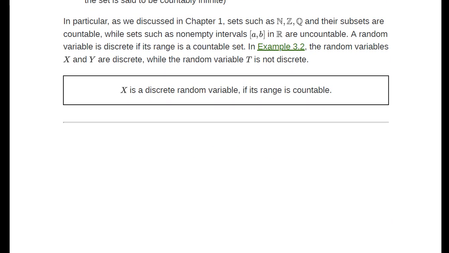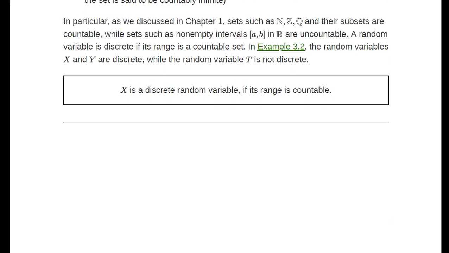In particular, as we discussed in the first chapter, sets such as N, Z, Q and their subsets are countable, while sets such as non-empty intervals in R are uncountable.